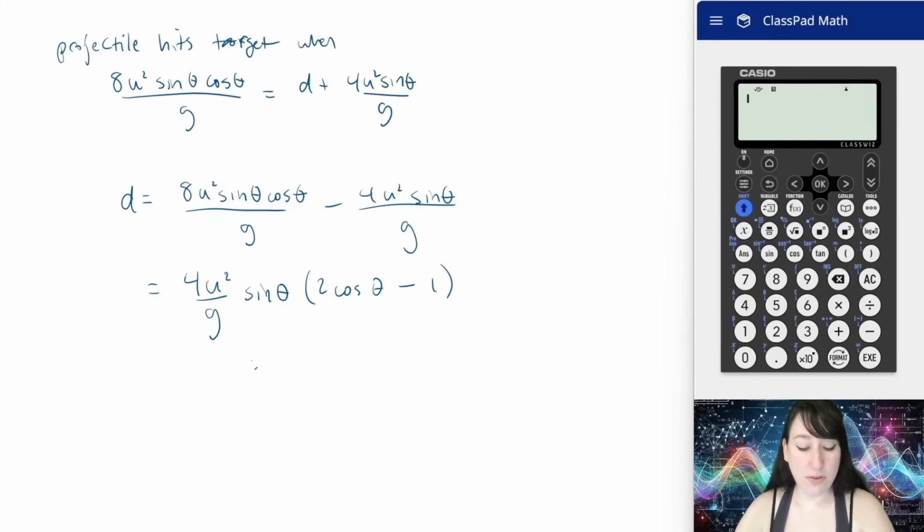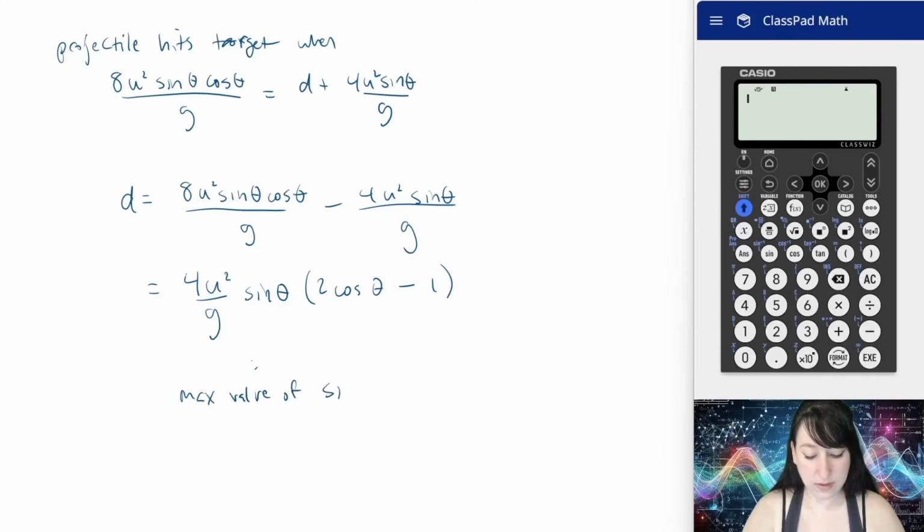Again, this is all coming from the projectile hitting the target, so if that's going to happen, what is the max value here of d? Now, as we know, u is a constant, g is a constant. The only thing that can vary is the angle of the projectile. So we want to worry about the max value of sine theta times 2 cosine theta minus 1.